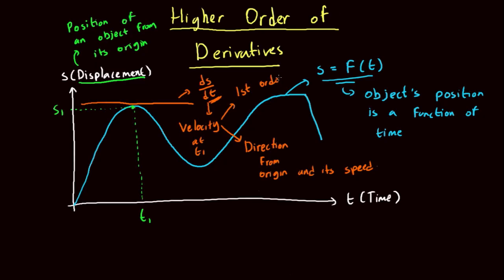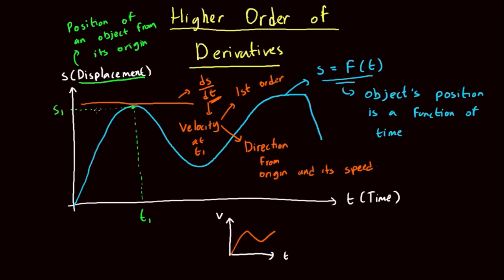It's called first order. Now if you're interested in the rate of velocity, for instance, let me just draw a small graph right here. This is t, this is v, and let's just say the graph is going like this, for example.